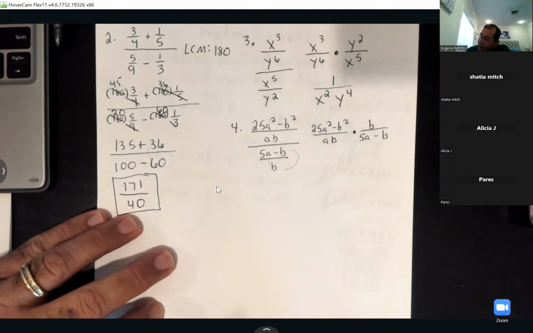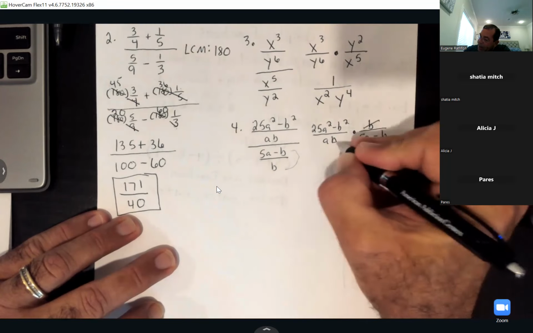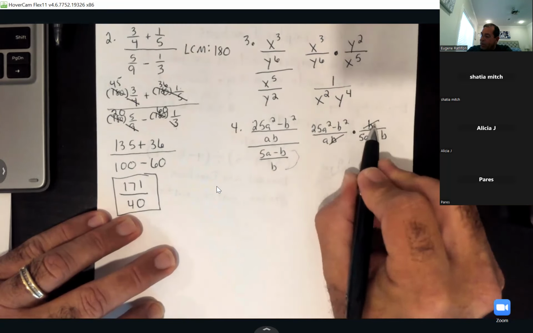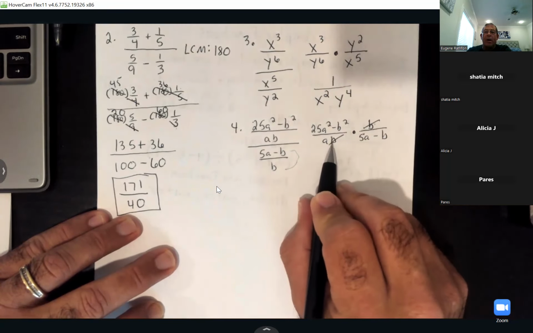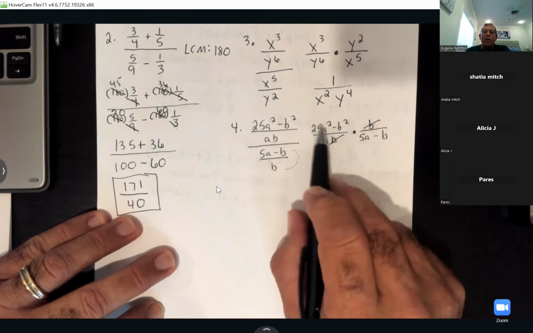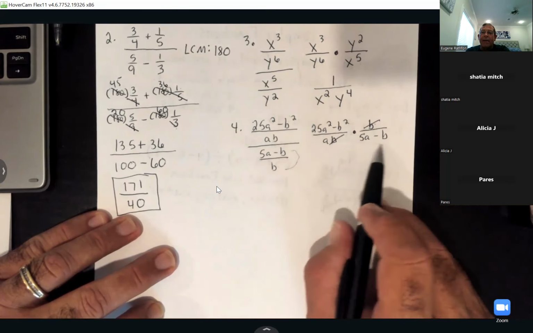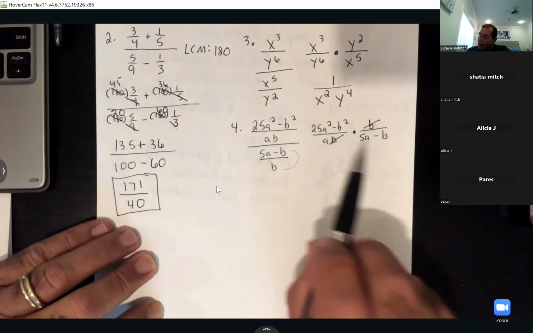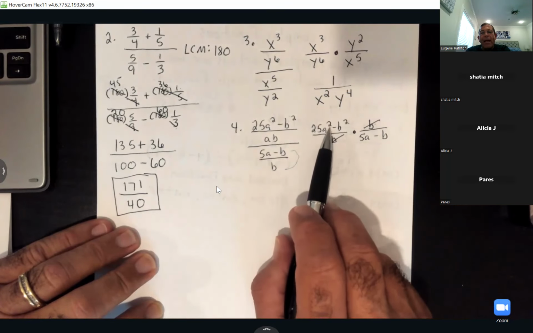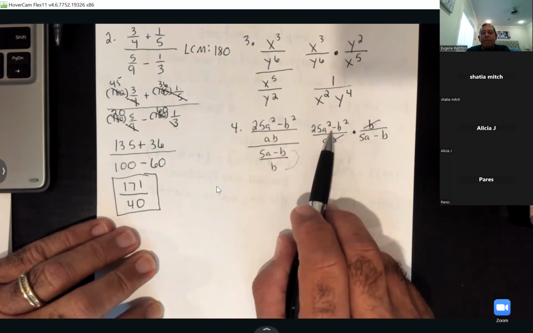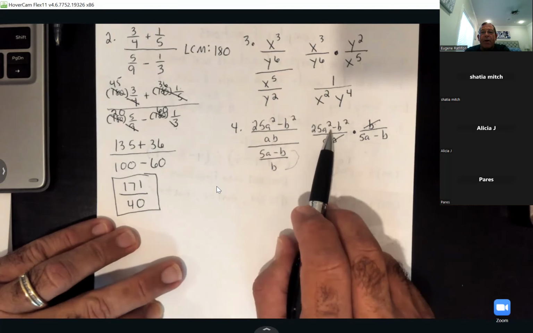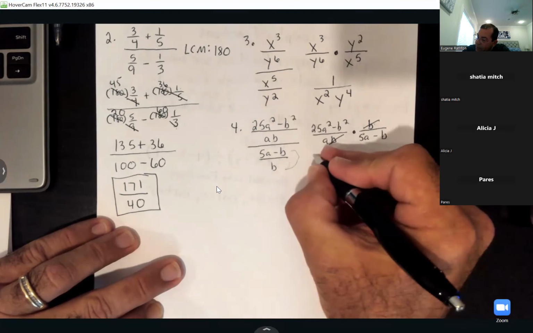All right, so right off the bat, we can cancel the b. Because I got a b on top, that'll cancel with a b on the bottom. Remember, anything on top can cancel with anything on the bottom. Now, y'all, to go further, we got to factor this right here. That's the difference of perfect squares.